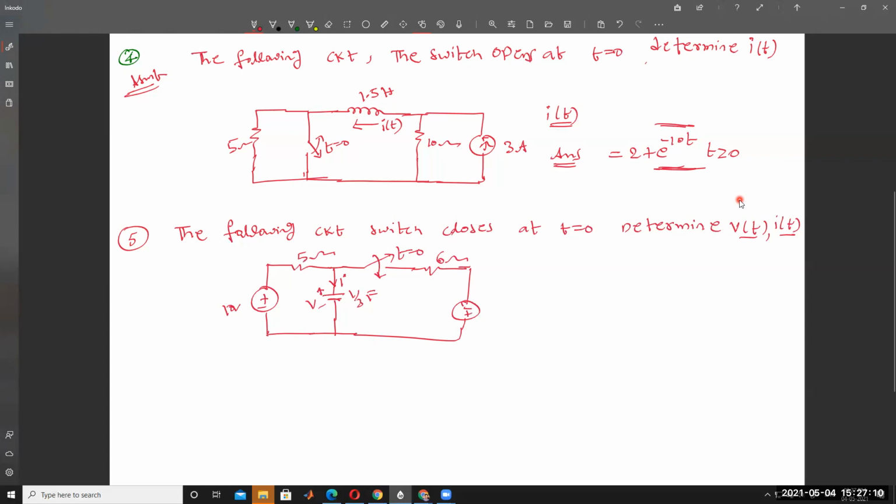Here it is 30 volts. Understood? Find I of t within 10 minutes. So find this by using the circuit. This is the I of t and V of t. Is it clear?